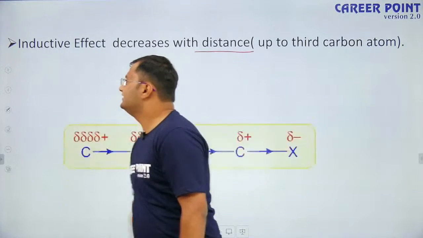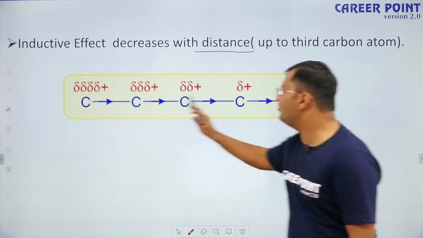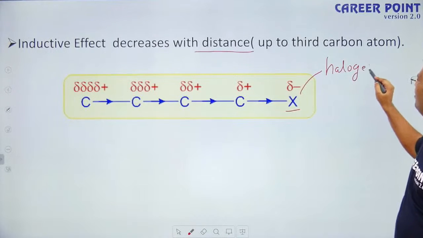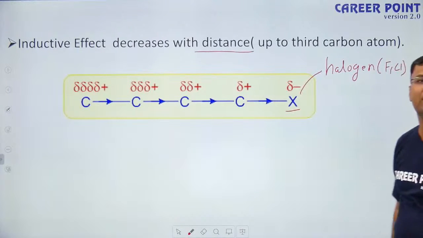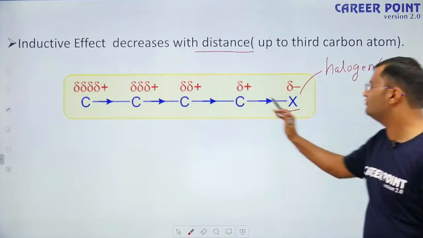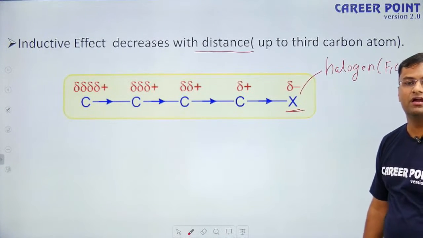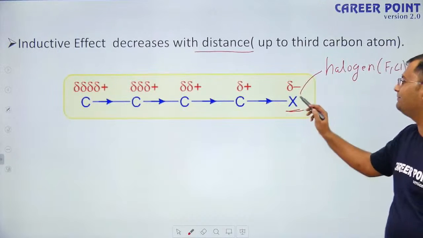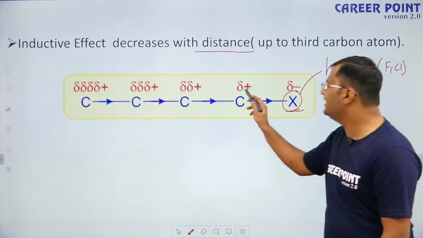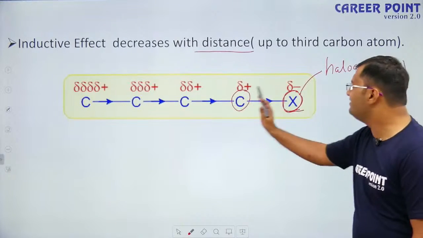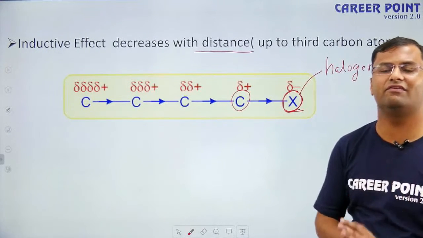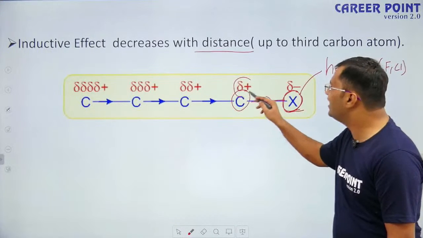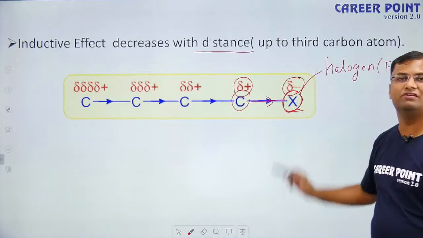Let's take an example: this is a compound and this is X, where X is any halogen, a more electronegative atom, either chlorine, fluorine, etc. Here the compound is attached to a more electronegative atom. So the shifting of electron takes place due to the difference of electronegativity between C and X, so that a partial positive charge and a partial negative charge develop.